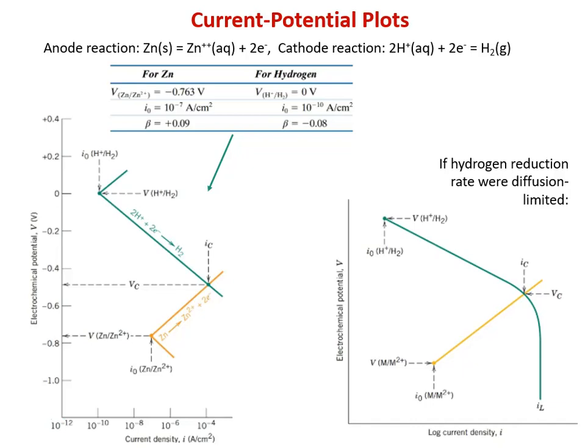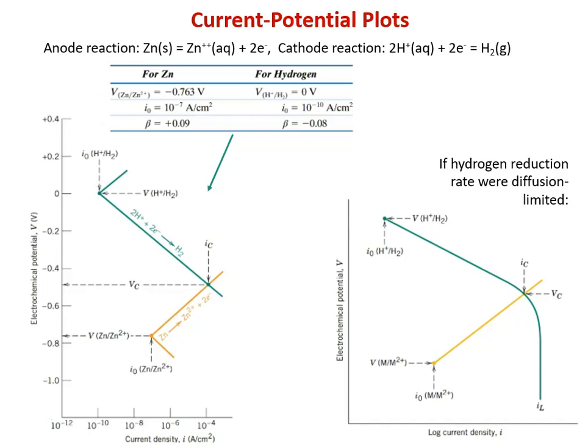So this is our voltage driver. And then we have current density plotted on log scale down on the x-axis. So that's the current flowing. And in most electrochemical corroding systems, Mother Nature will be setting our electrochemical potential, and then current will flow, and our role as corrosion engineers is to stop that, generally.